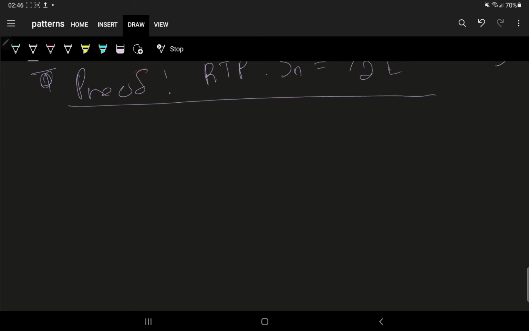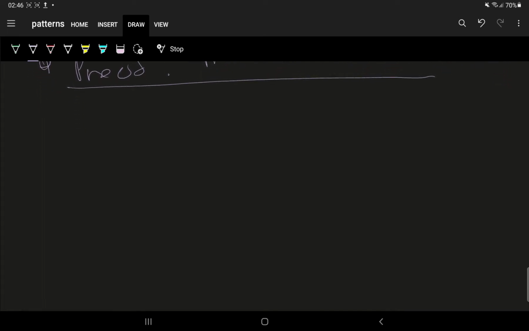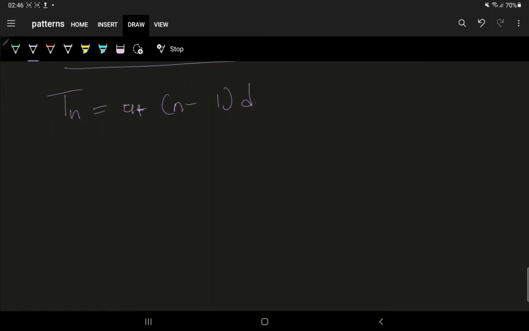I keep on repeating this because it's important: it's just the sum of the terms in a linear pattern or an arithmetic sequence. But we know that our arithmetic sequence has the form Tn equals a plus n minus 1 multiplied by d. We saw it from the linear pattern. Linear and arithmetic are just the same thing.